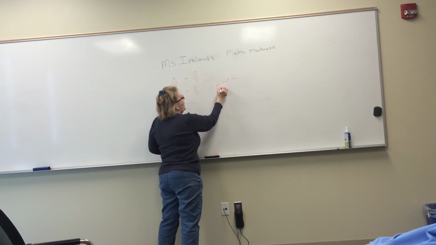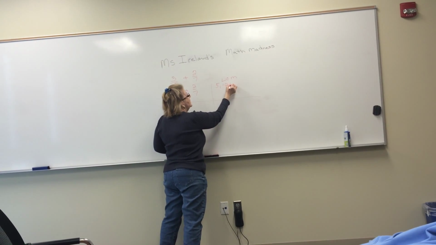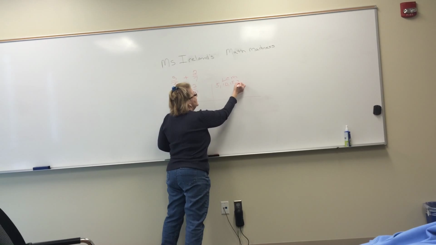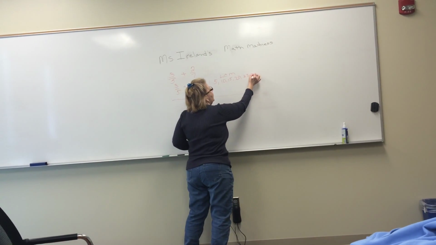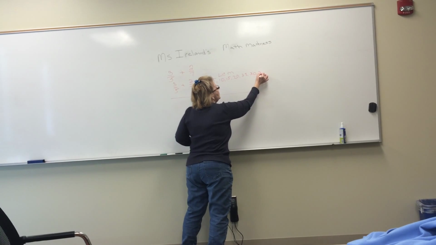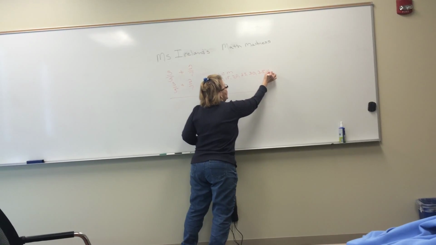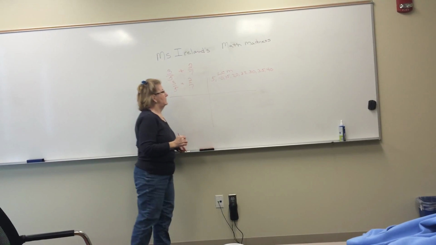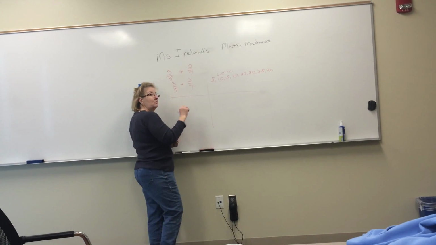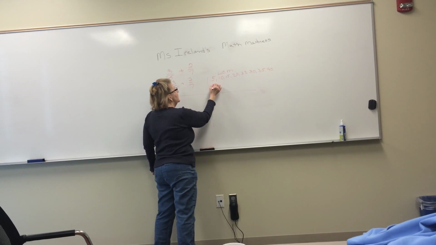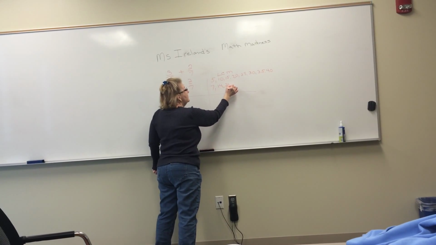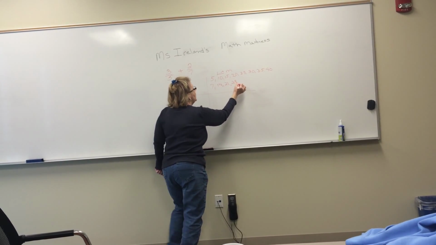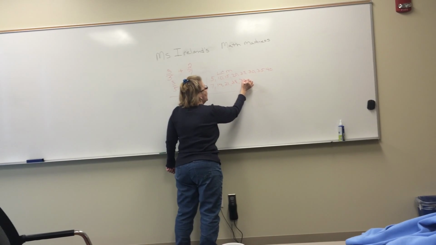So we're going to start with 5, 10, 15, 20, 25, 30, 35, and 40. A lot of numbers. Let's see what we can find that they have in common. 7, 14, 21, 28, 35.